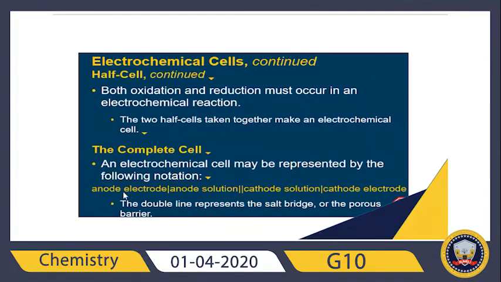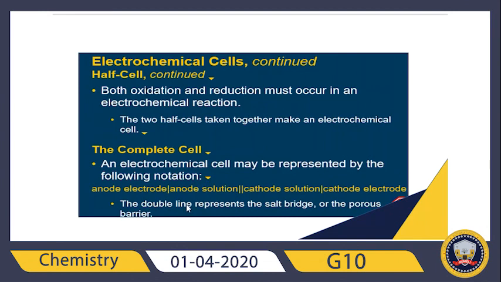Okay, so guys, again, the anode electrode is immersed in the anode solution, and this half cell is separated from the other half cell that is made up of what? Made up of the cathode solution and the cathode electrode. So this is how we can represent the electrochemical cell, or the complete cell.